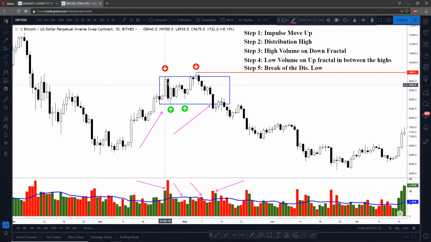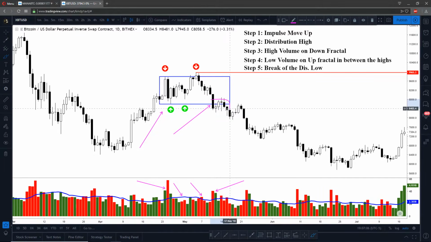But if you got in this really early, maybe down here or something, and you expected an impulse move immediately, you're not going to get that. If you would have just waited to see that distribution pattern play out, you would have gotten a much better entry most of the time.